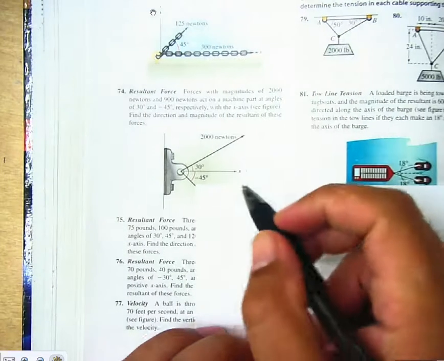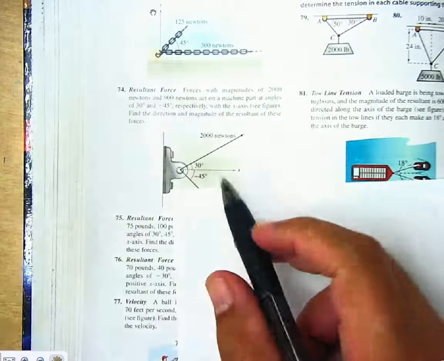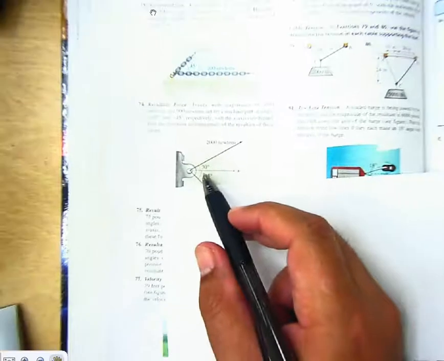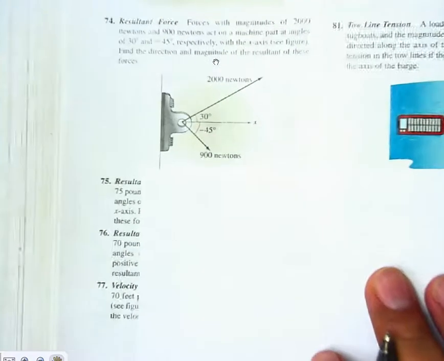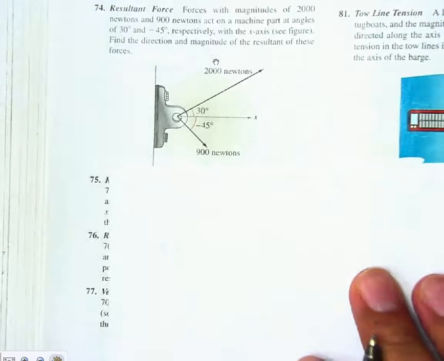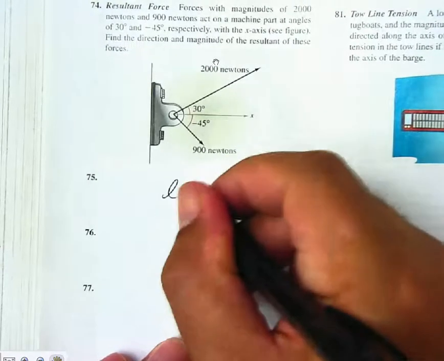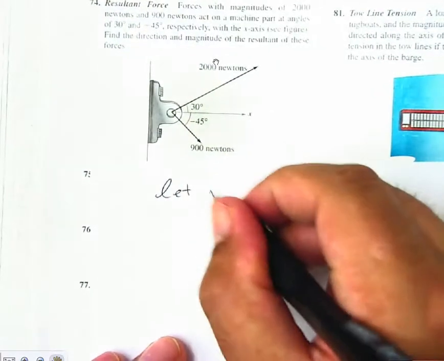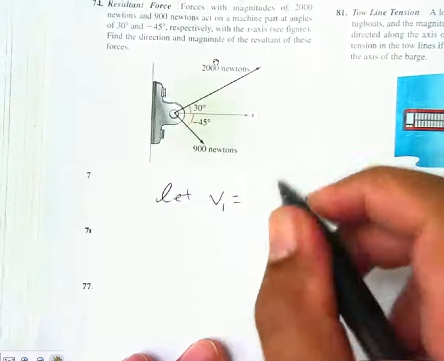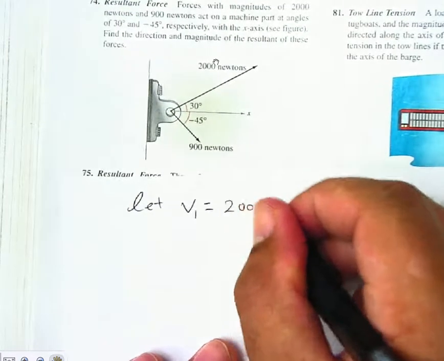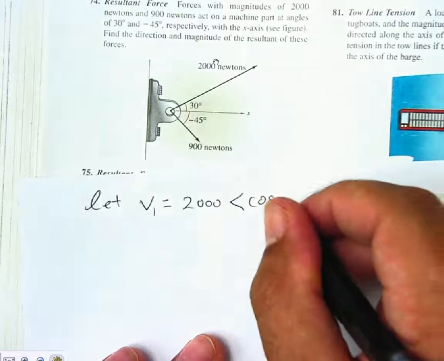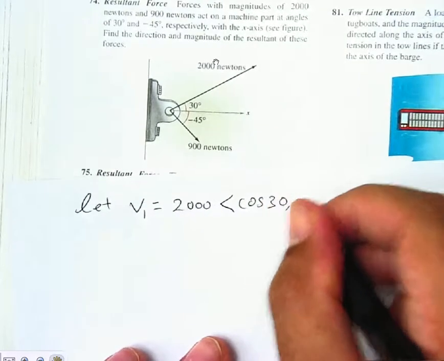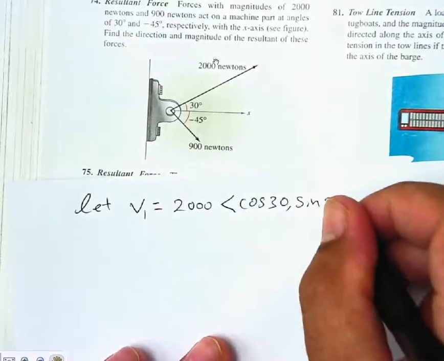So the first thing to do then is to express the top force. We're going to let V1 be equal to 2,000 times cosine of 30 and sine of the same angle, 30.